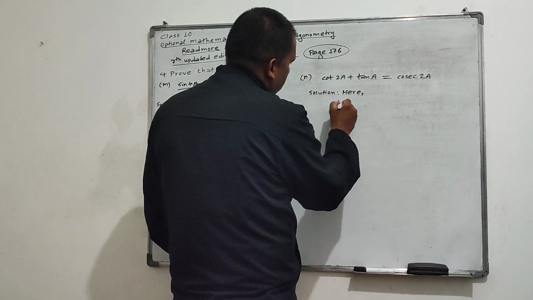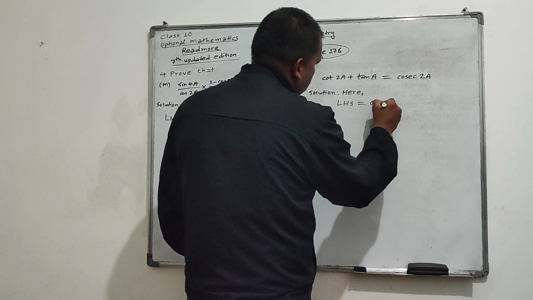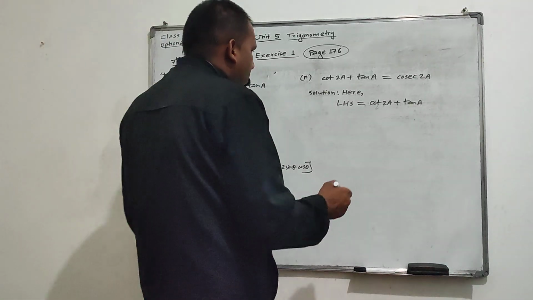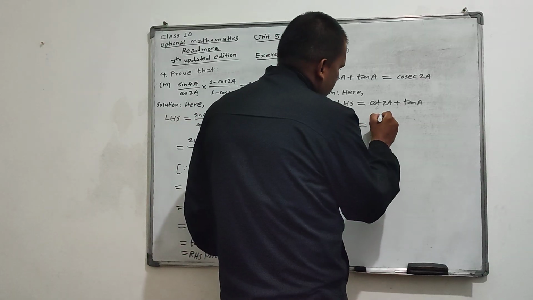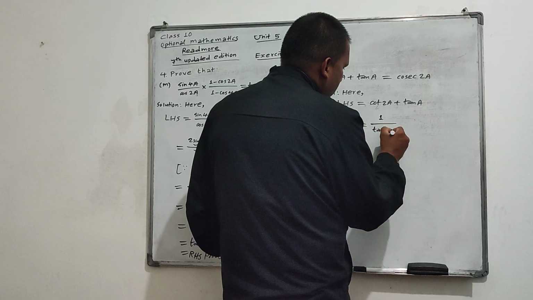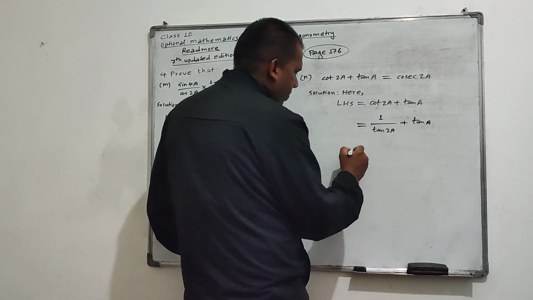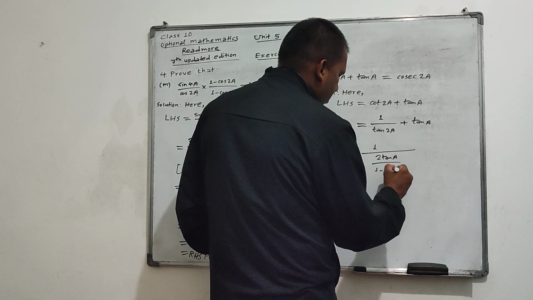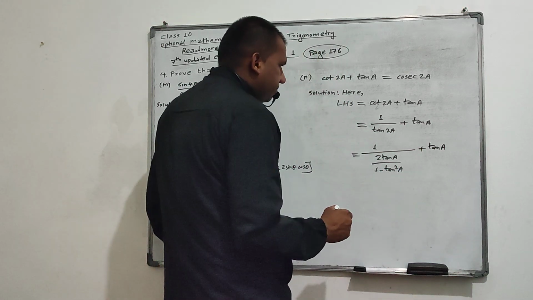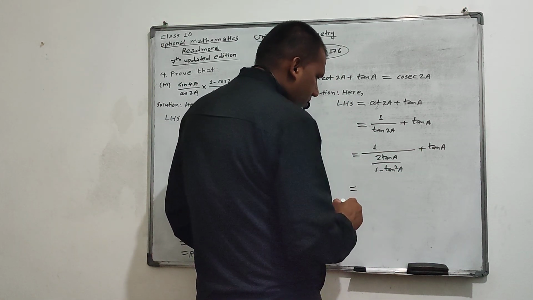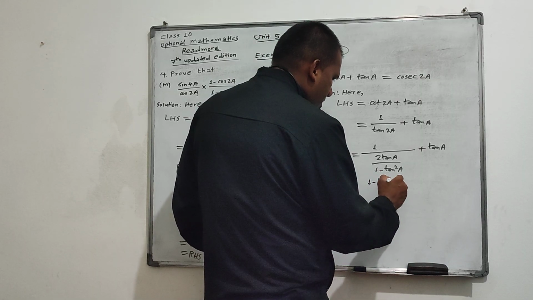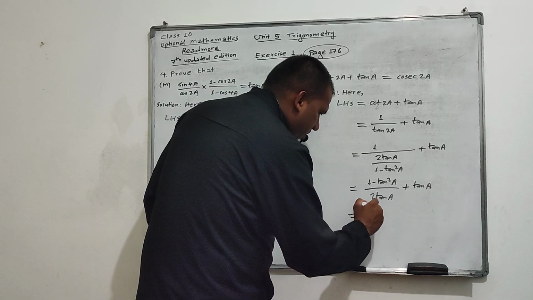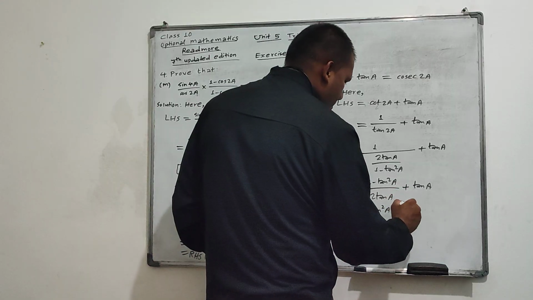Here LHS equal to cot 2A plus tan A. Now this equal to cot 2A, that is 1 upon tan 2A, plus tan A. This equal to 1 upon tan 2A, its formula is 2 tan A upon 1 minus tan square A, plus tan A, is equal to 1 minus tan square A upon 2 tan A plus tan A. Now taking LCM, 1 minus tan square A plus 2 tan A into tan A, 2 tan square A, all upon 2 tan A.